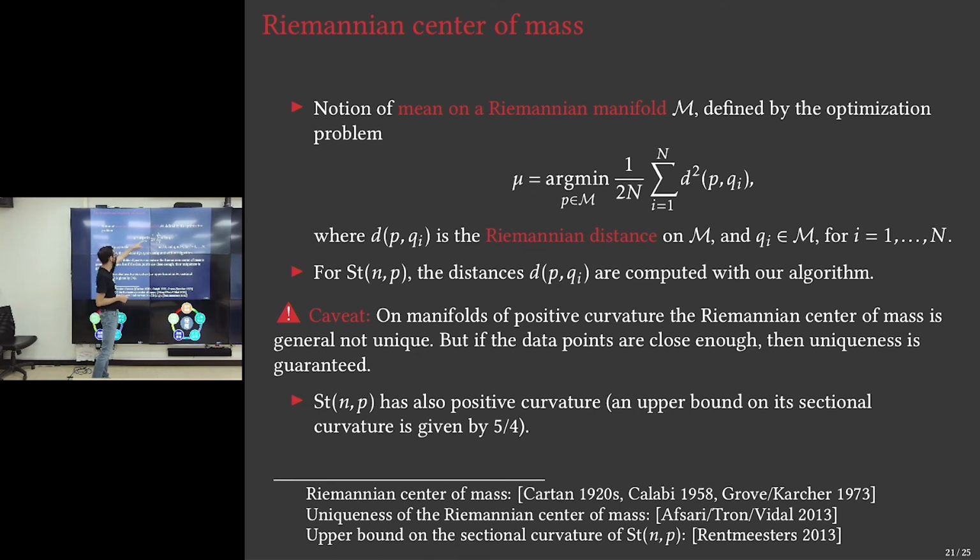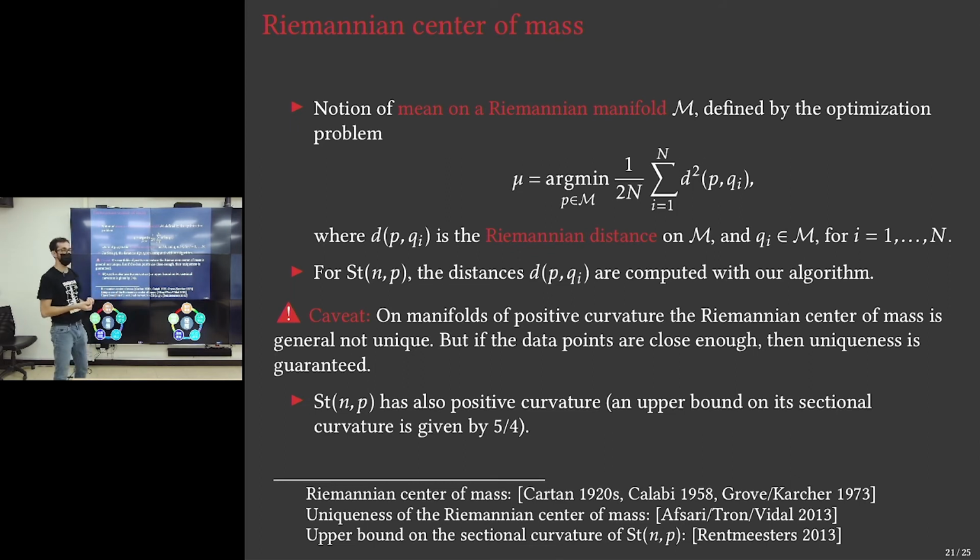It is the minimizer of 1 over 2N, where N is the number of points, times the sum of the squared Riemannian distances between the optimization variable and the points qi that we have. These are just a capital N points on the manifold.